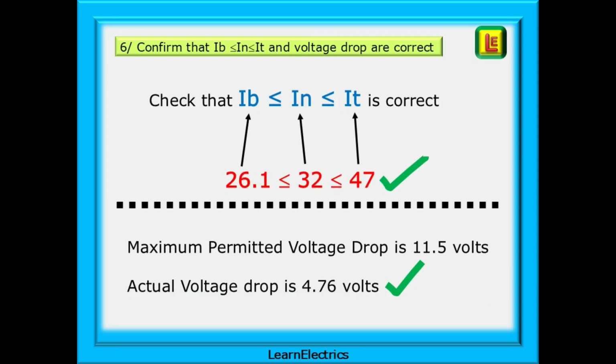Step 6 will confirm that IB, IN and IT and the voltage drop are all correct. A simple check. Here 26.1 is less than 32, is less than 47, all good. And the actual voltage drop is 4.76 volts, which is less than 11.5 volts, also a good result.